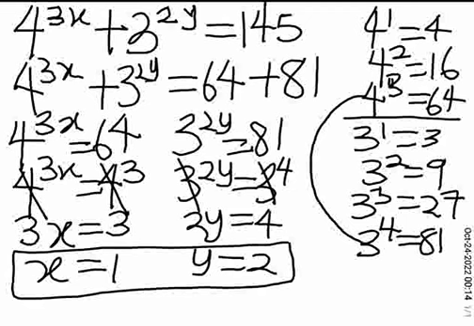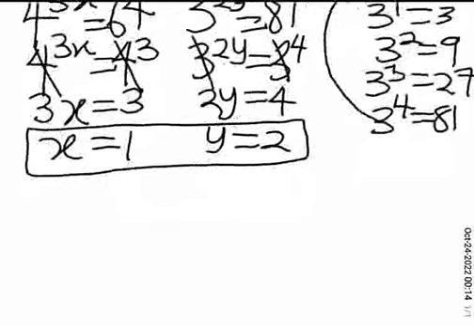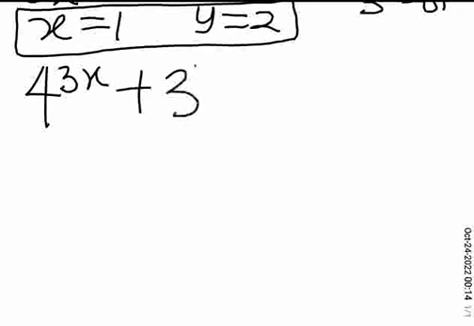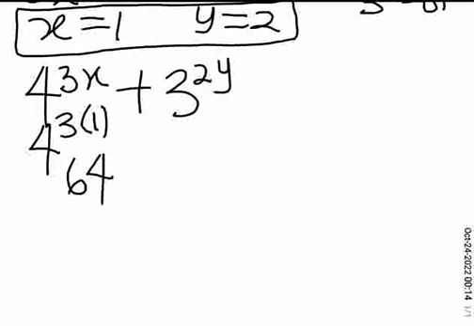But then let's check if our answer is correct. Our question is 4 raised to power 3x plus 3 raised to power 2y must give us 145. If our x is 1, we would have 4 raised to power 3, which is 64.